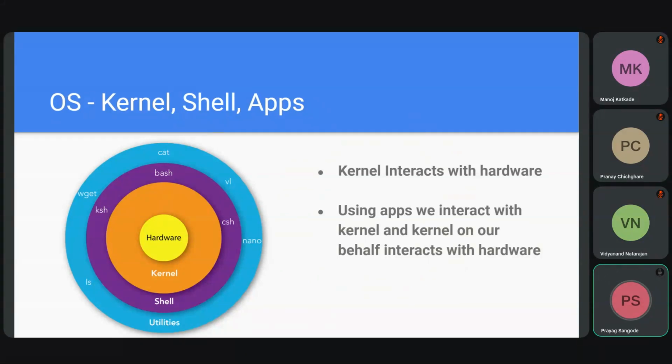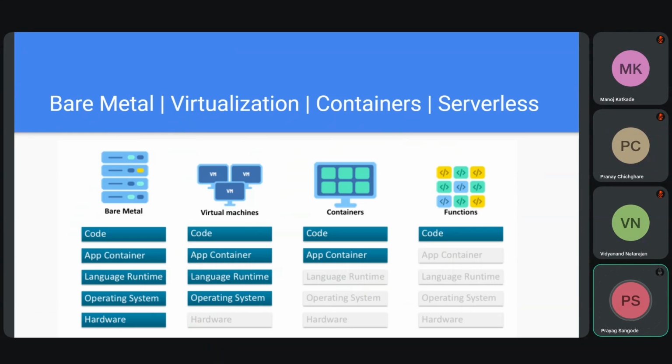So this is how the operating system looks. When we install an operating system on bare metal, meaning your laptop or a server which doesn't have any VM, everything runs on that particular bare metal itself.